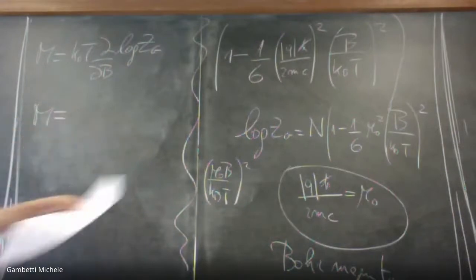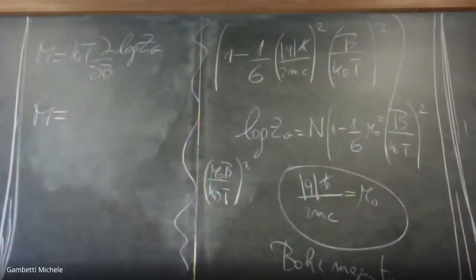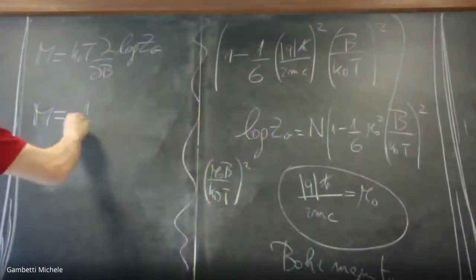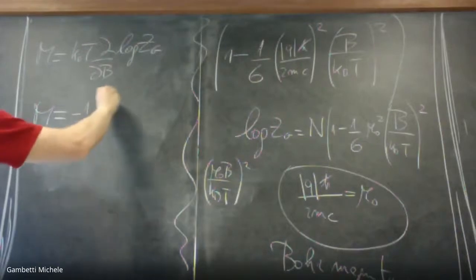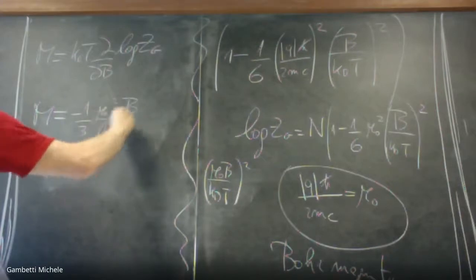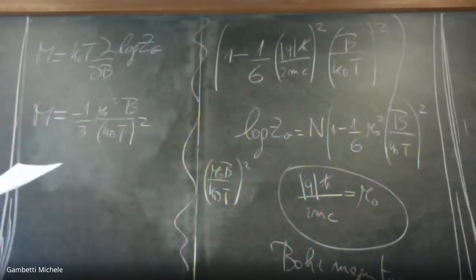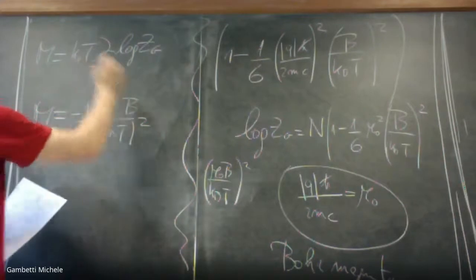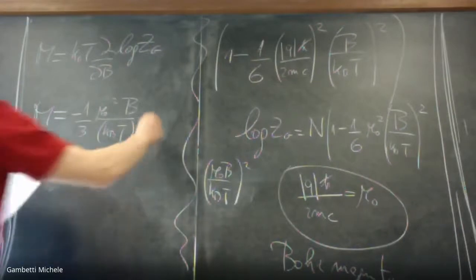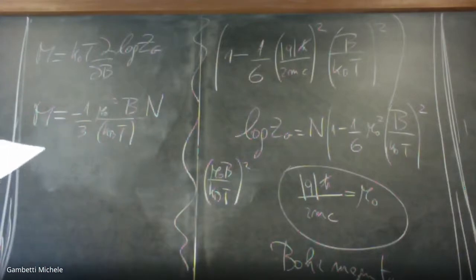The first term does not get any contribution from B. I just have the second one, which is then 1/3 minus 1/3 μ₀² B divided by (k_B T) squared. There is something that I'm forgetting. Yes, there is a k_B T there, so that this goes away. So in principle, it should be just minus 1/3, and there is an N, of course. Sorry, it's morning. There is the N, and B over k_B T. Okay, good.